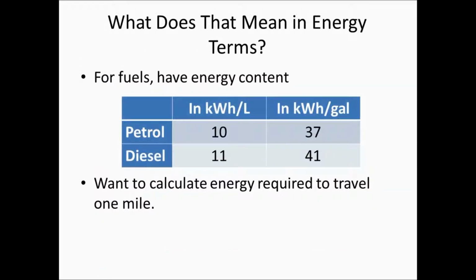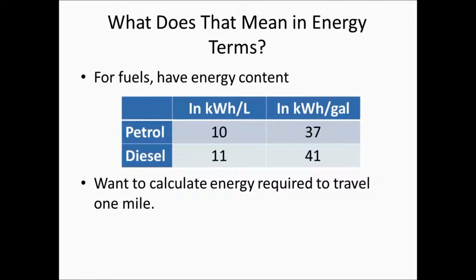So what does that mean in terms of energy? We have miles per gallon, so we can backtrack and say how many gallons are required to drive a mile. But then each gallon of fuel you can use to power a certain amount of stuff, right?